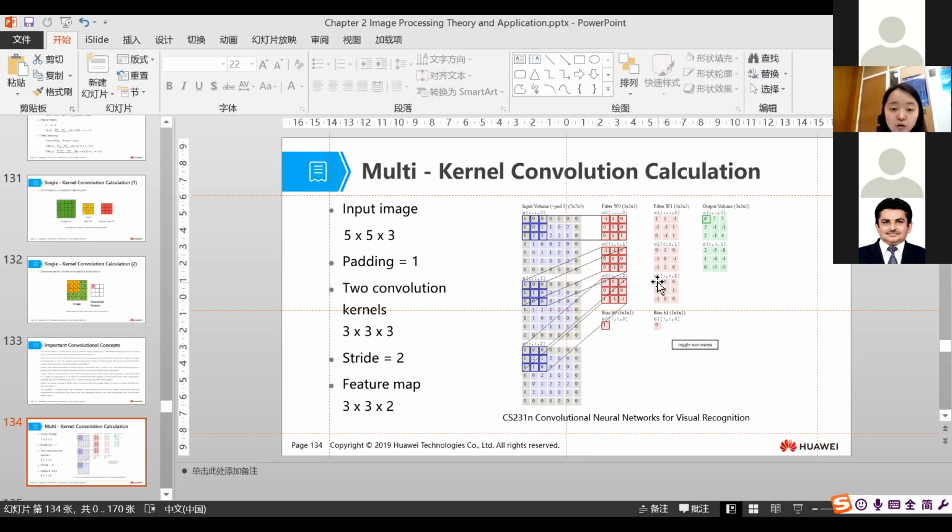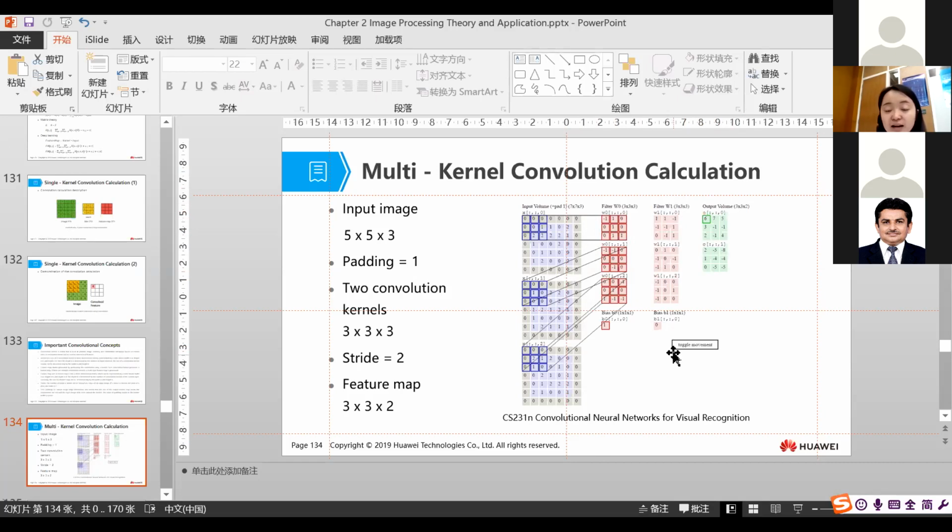Also, in a single convolutional layer, we can use a lot of kernels. For example, at the first convolution layer, we can use maybe 10 kernels or 20 kernels or 100 kernels to do convolutional calculation. For example, here we use kernel W0 to do convolutional calculation and get 1 feature map.